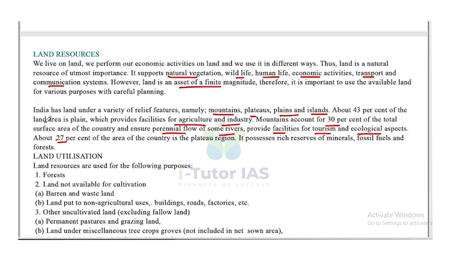Okay, so 43% of the land is plain. If you consider this as India, 43% is plain area. Now 30% is mountain.